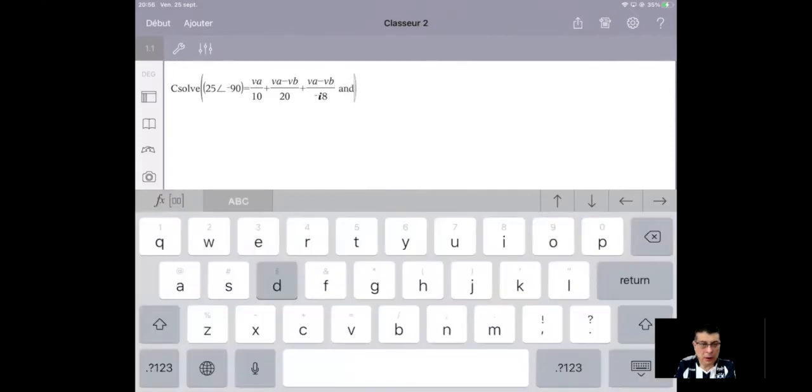Then I'm going to type AND, A and D, in order to separate equations.